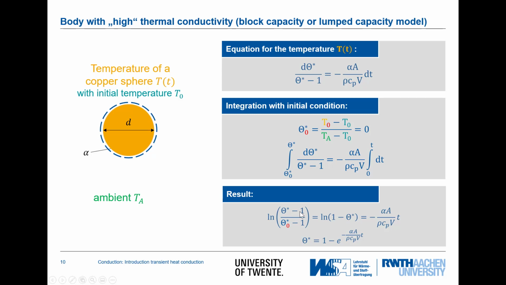So the solution is the logarithm of theta star minus 1 divided by theta star 0 minus 1, and because theta star 0 is equal to 0, we are left with minus 1 on the bottom. We can change this equation by changing the sign, so it will be the logarithm of 1 minus theta star.